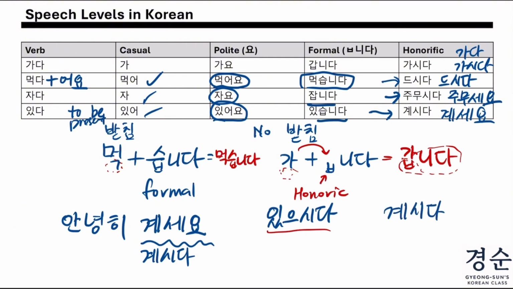Okay? But the meaning is totally different. Why? Okay. As mentioned, 계시다 is like to be present, right? For honorific. But this one, 있으시다, is to have. That's why I say, when we say 있어요, 있다, it can be either way. Okay? I hope it's not too confusing for now.